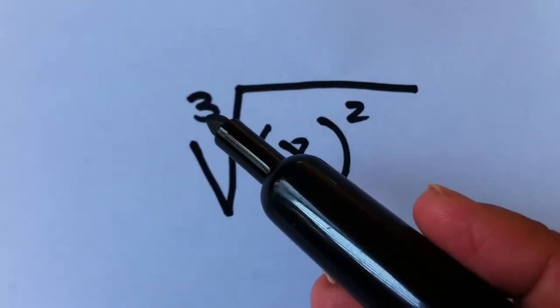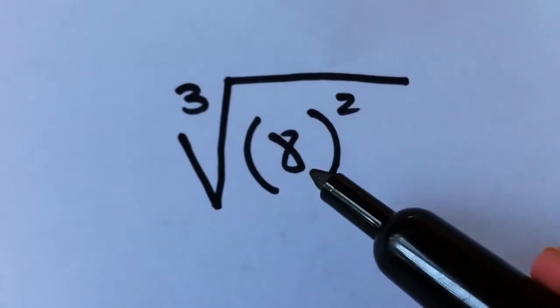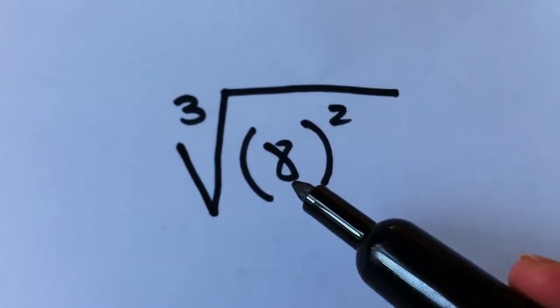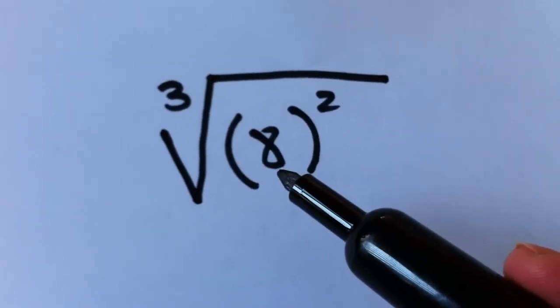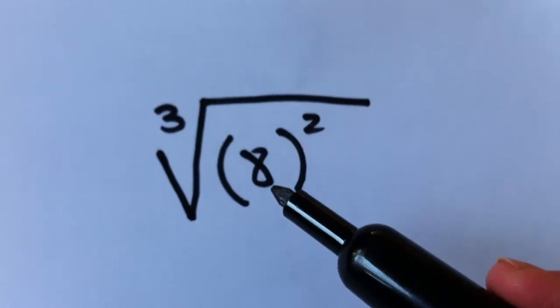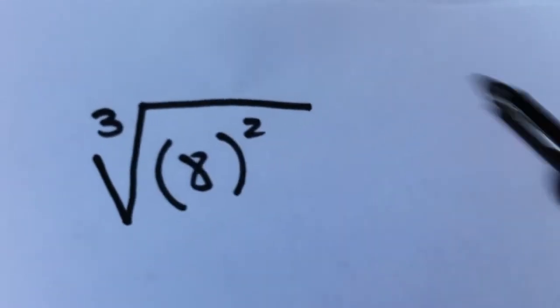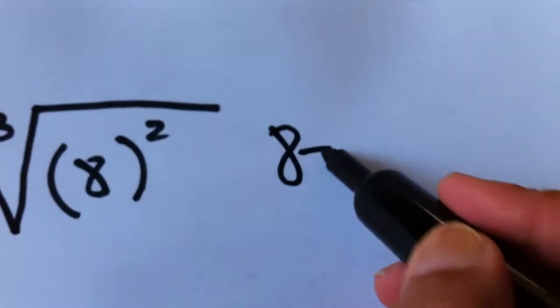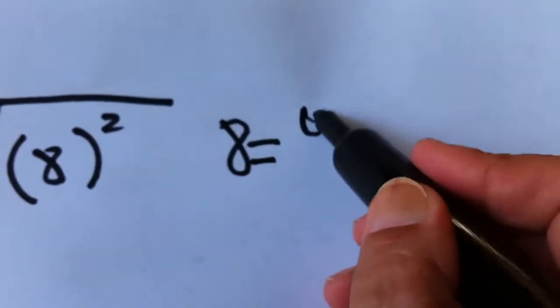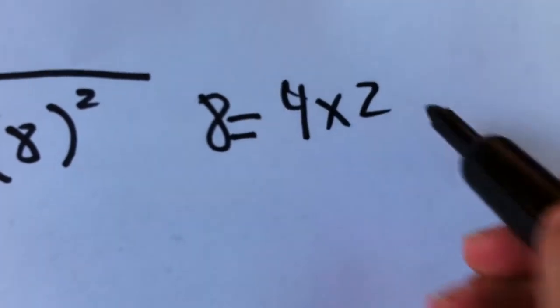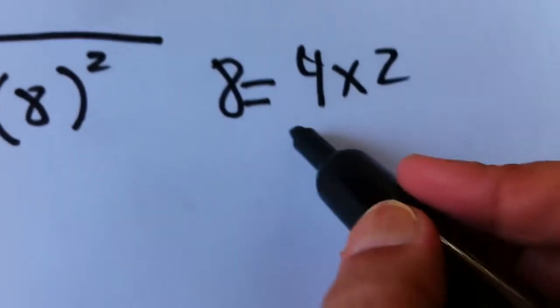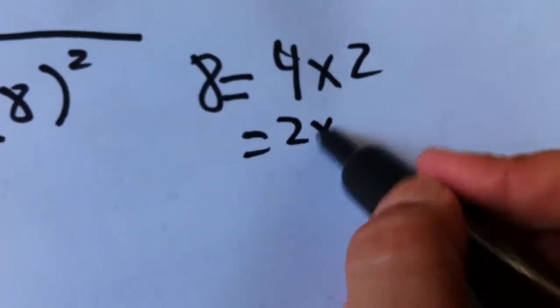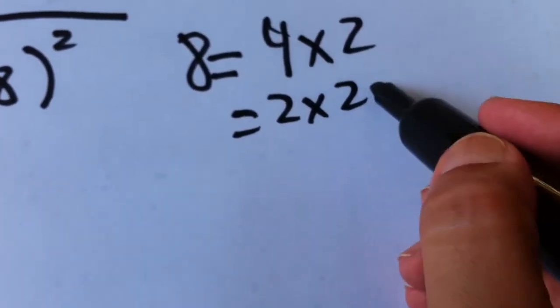So here, how do we make 8 look like a power of 3? 8 is actually a simple number because 8 is 4 times 2, and 4 is 2 times 2.